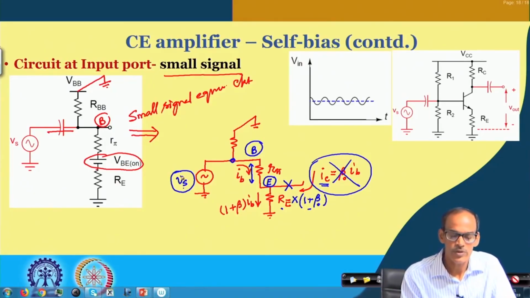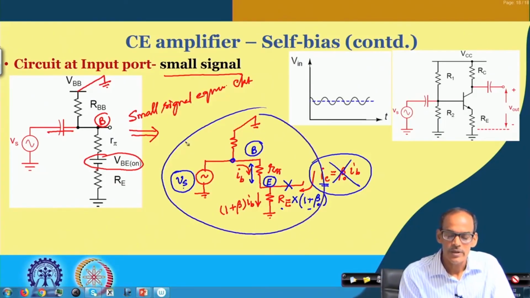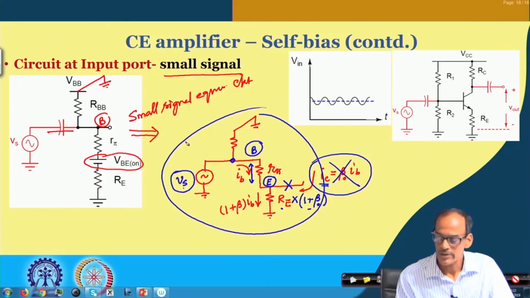So, whenever we will be talking about the small signal equivalent circuit, we must consider this analysis. And so, while we will be going to the small signal equivalent circuit for the entire common emitter amplifier, then we have to consider this circuit. So, we will be coming back, but for the time being let me consider the output port.